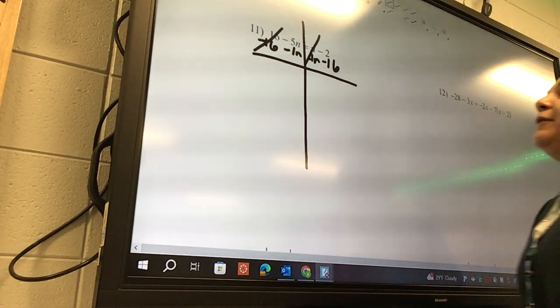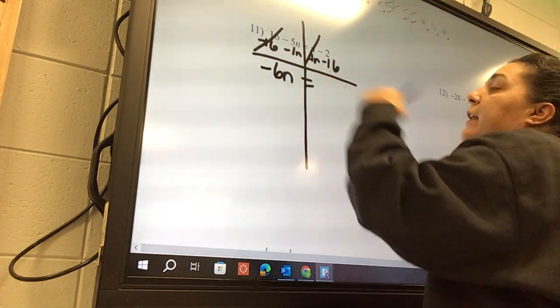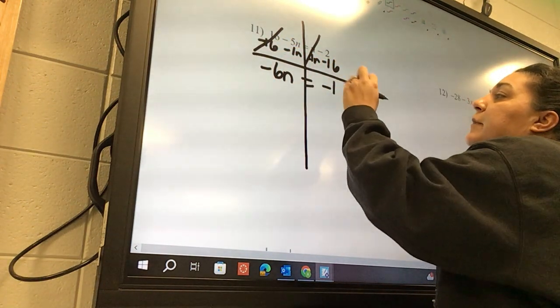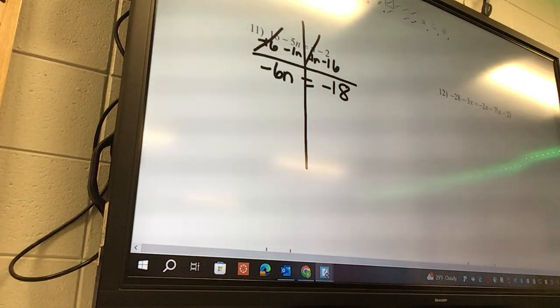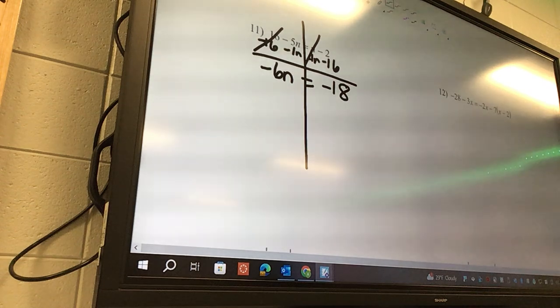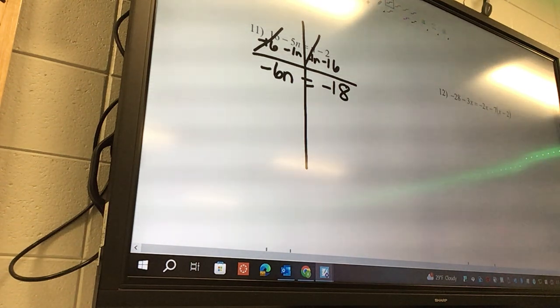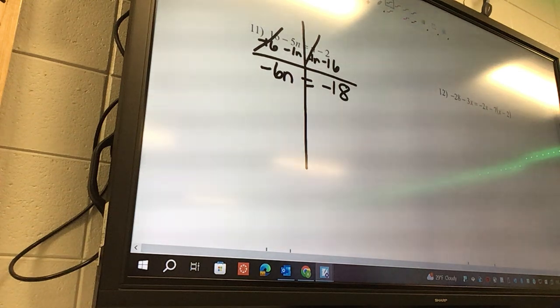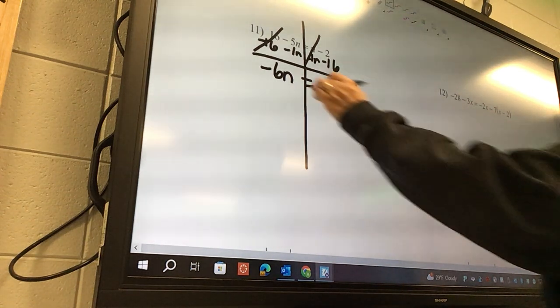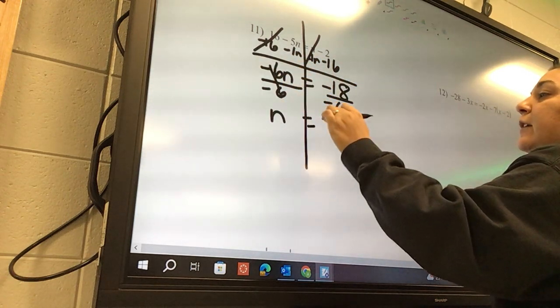Okay, negative 5 minus 1 is going to be negative 6n. Negative 2 minus 16 is going to be negative 18. And then divide by negative 6. So we get n equals 3.